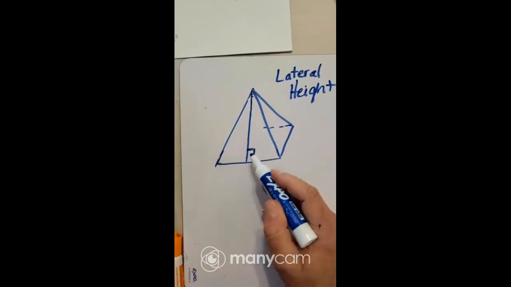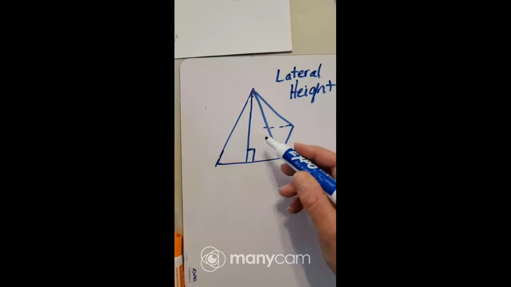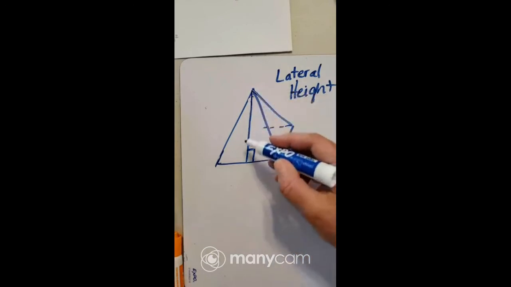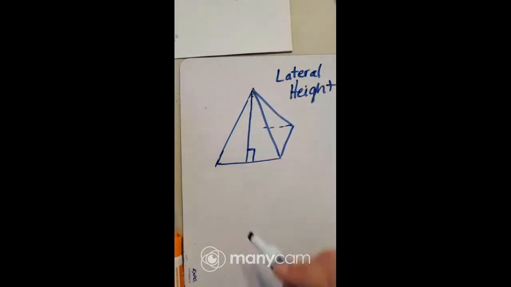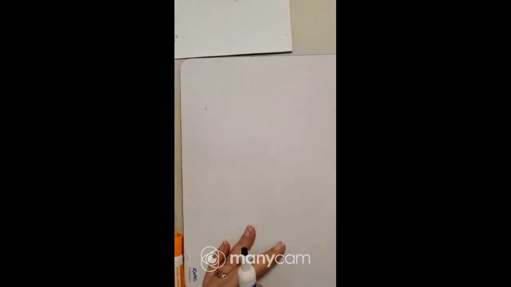I must give that to you for you to do your problems right now. When we're finding surface area, I am referring to this lateral height. Just know that from now until we're done, there are two different kinds of height.